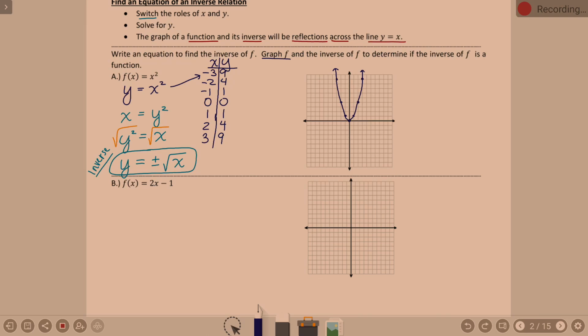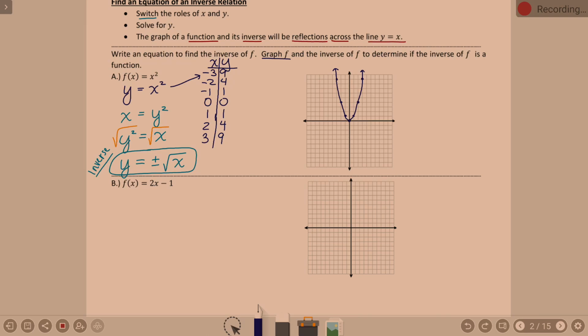Now, while we're here real quick, let's talk about, is this a function? Does each x value pair with a unique y value? Yeah. 3 is only going to pair with 9. It's not going to pair with anything else. 2 is only going to pair with 4. It's not going to pair with anything else, is it?